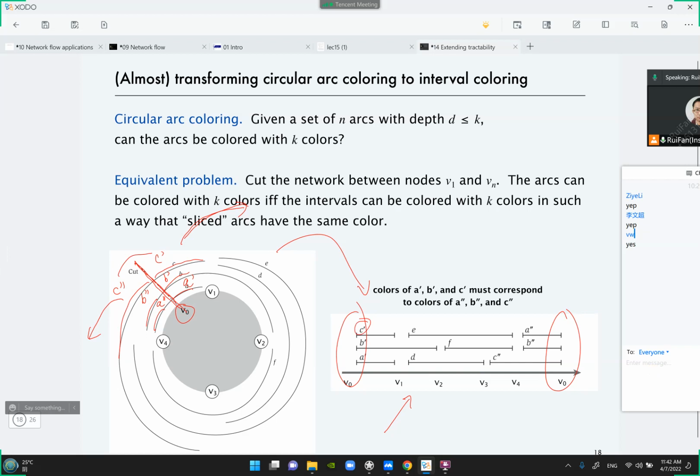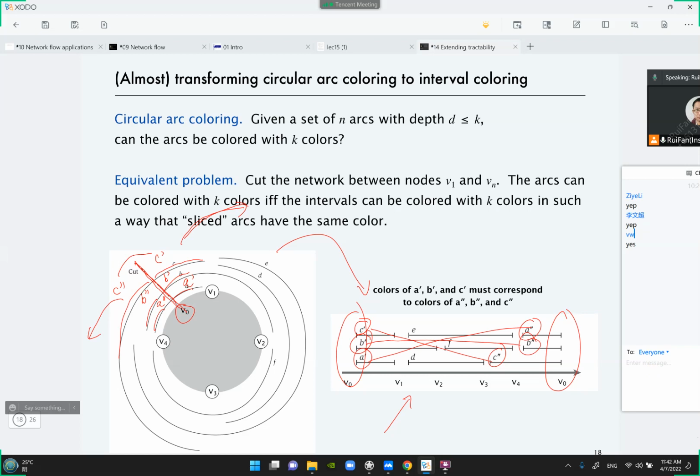Likewise this B prime and B double prime came from the same interval B, so they also need to have the same color. And A prime and A double prime need to have the same color.